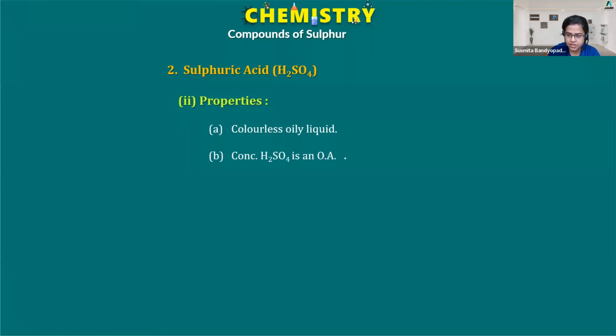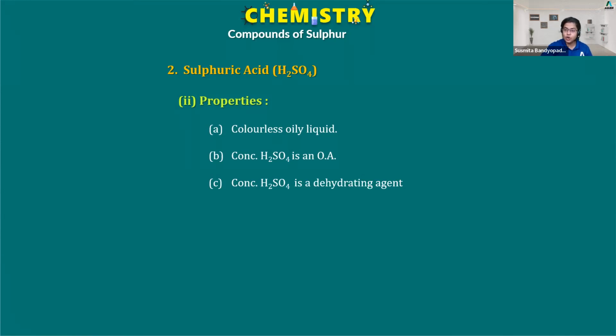OA stands for oxidizing agent. Yes, you're absolutely right. Yes, it's a dehydrating agent. Students, tell me one organic reaction where we use this as a dehydrating agent. We can correlate other things also, whatever remaining days. I can help you correlate a little physical, a little organic, very strong acidic character.